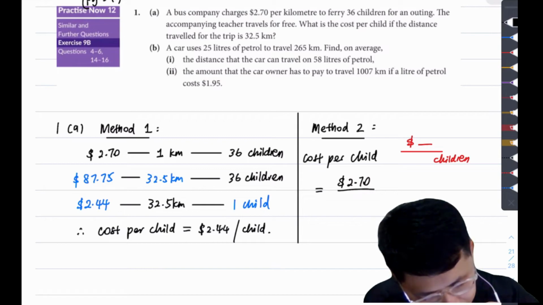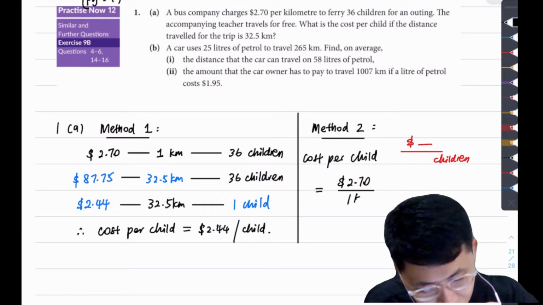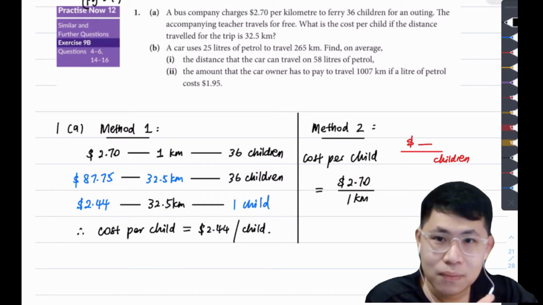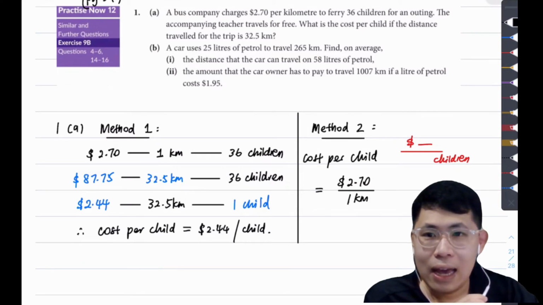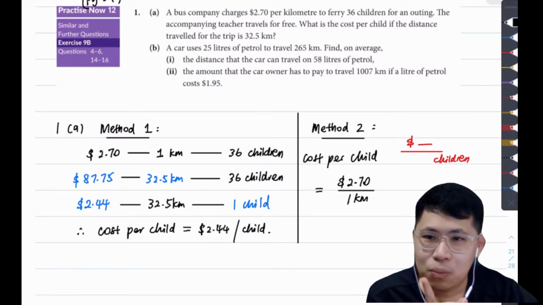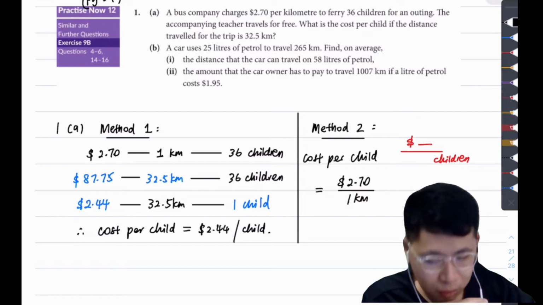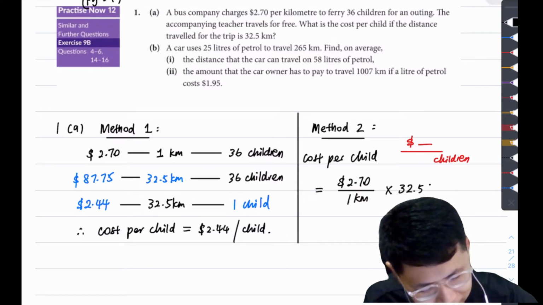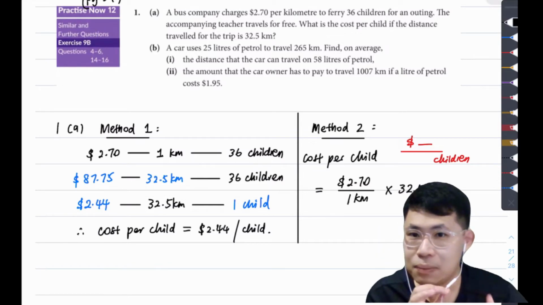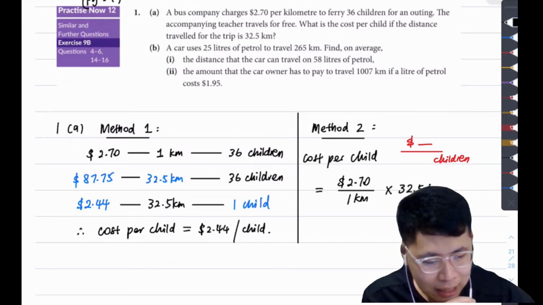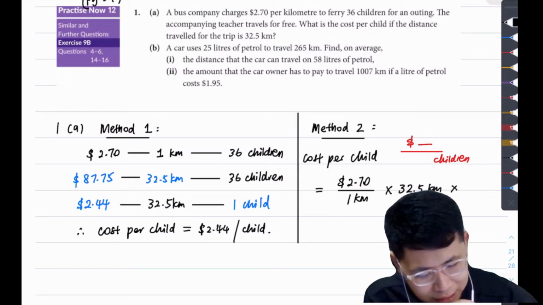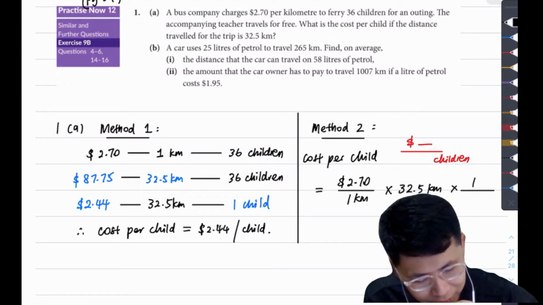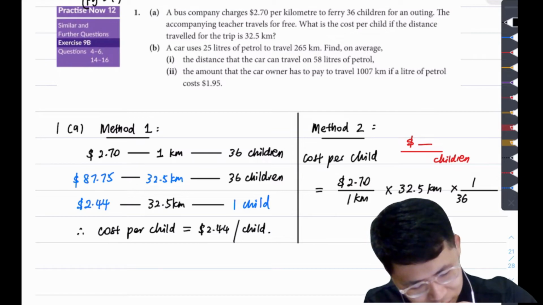Over here we are going to have $2.70 per kilometer. So I'm going to divide by 1 kilometer. And I'm going to multiply this by 32.5 km, because this would be for 1 kilometer, and I'm going to multiply this for this amount of km. And last but not least, I'm going to divide this by the number of children, 36 children, so that I can get 1 child.